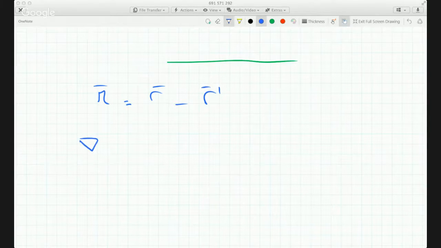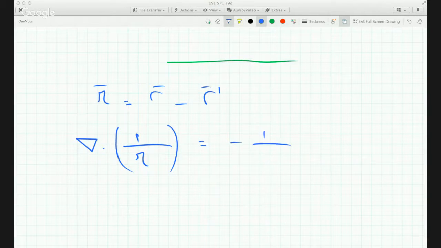And what's the divergence of 1 over the separation vector? Well, if you take the derivative of this with respect to x, y, z, you're going to get minus 1 over the separation vector squared multiplied by the separation vector itself, when you do it.